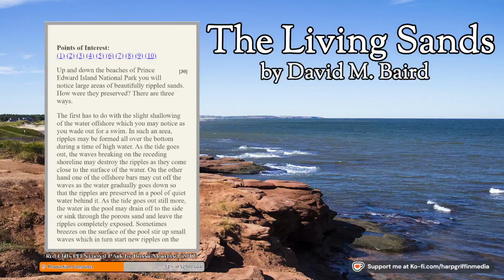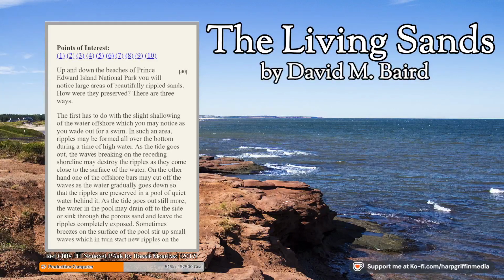The first has to do with slight shallowing of the water offshore, which you may notice as you wade out for a swim. In such an area, ripples may be formed all over the bottom during a time of high water. As the tide goes out, the waves breaking on the receding shoreline may destroy the ripples as they come close to the surface of the water.